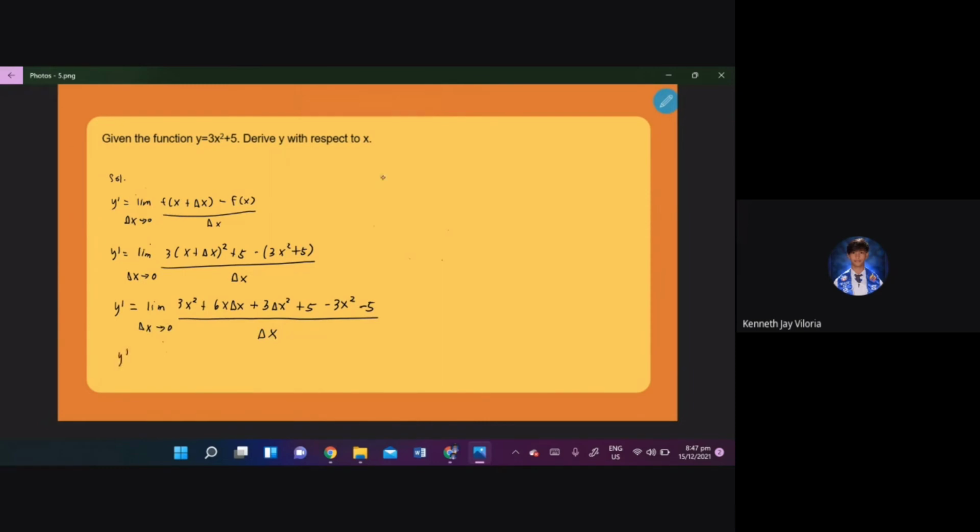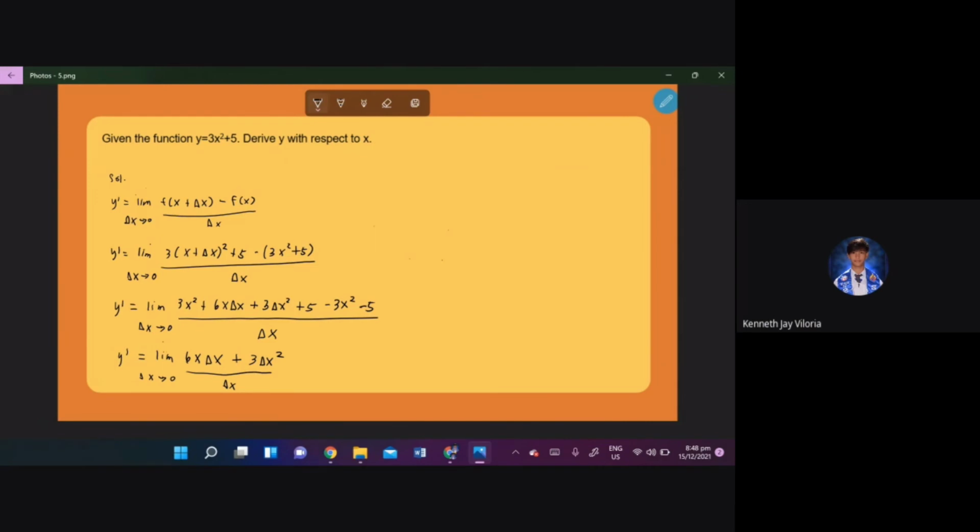Next, y prime is equal to the limit of 6x change in x plus 3 change in x squared, all over change in x, as change in x approaches 0.